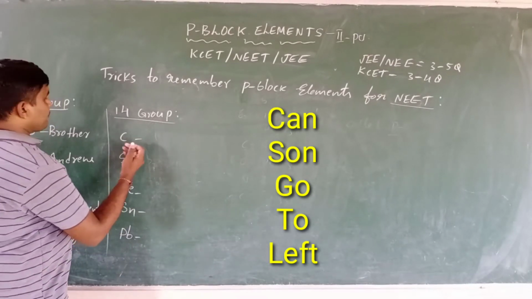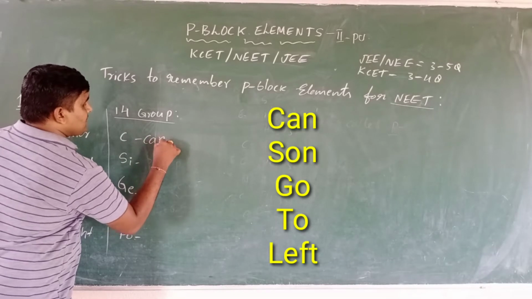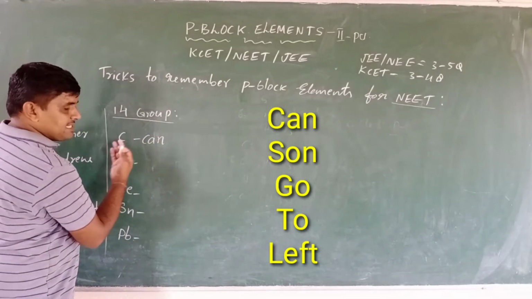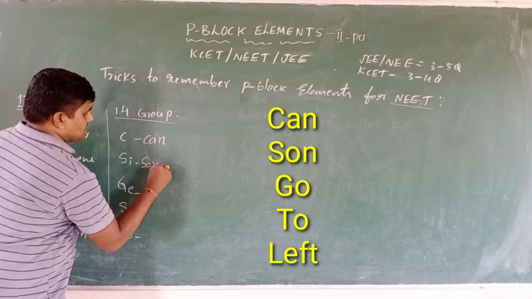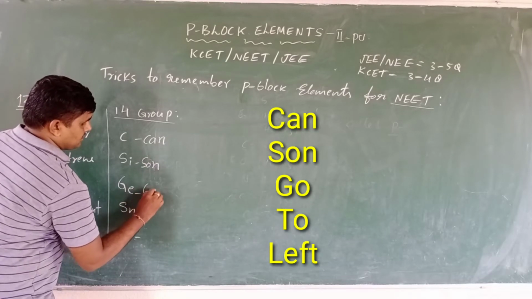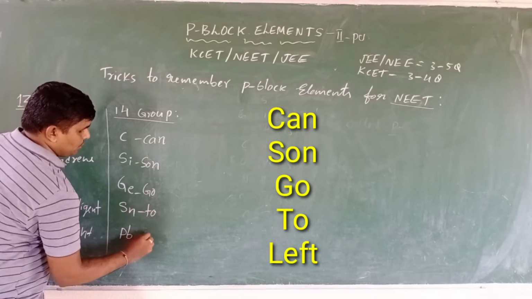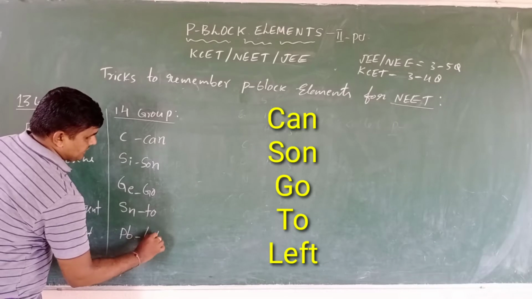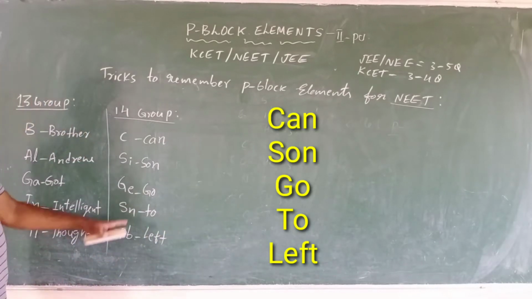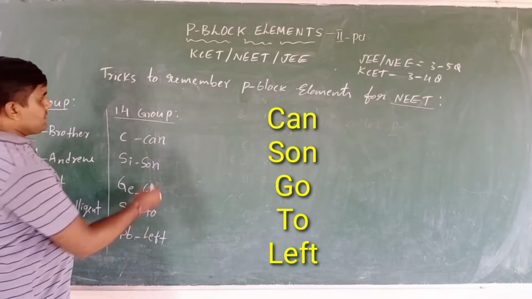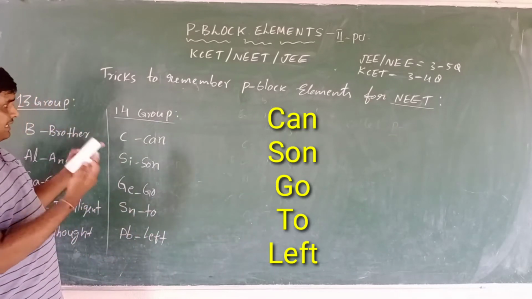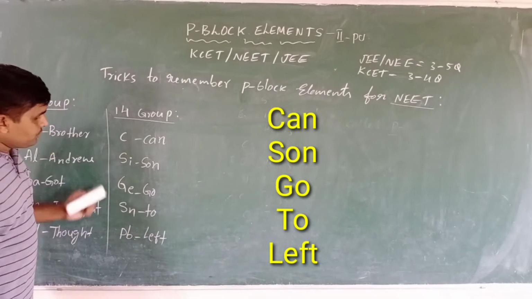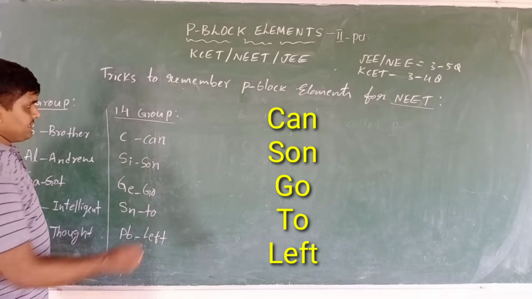Remember it this way: Can Sun Go To Left? Lead means Pb, and Sn means tin. You can remember these group 14 carbon family elements very easily in this way.